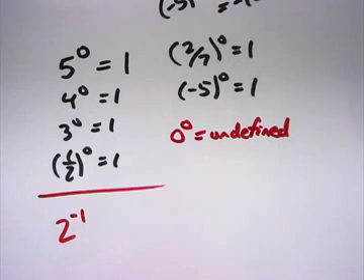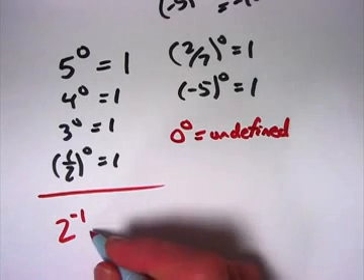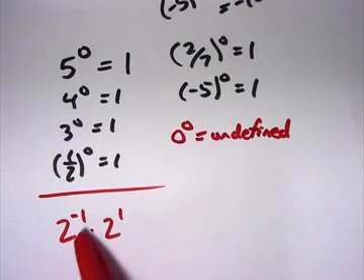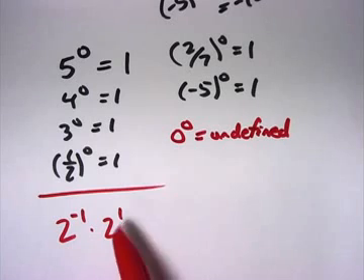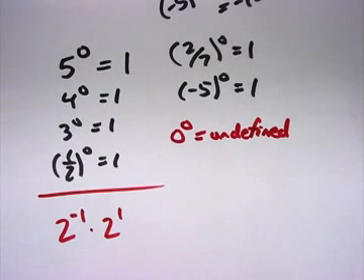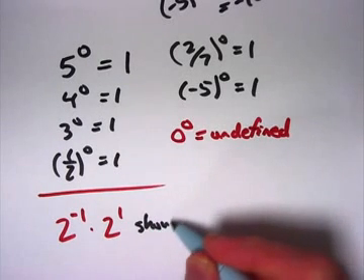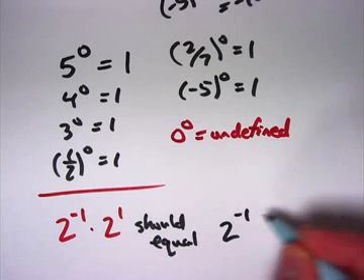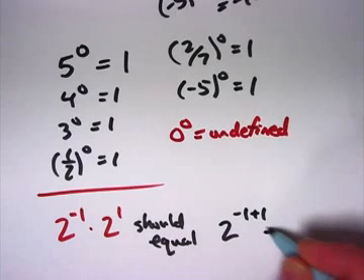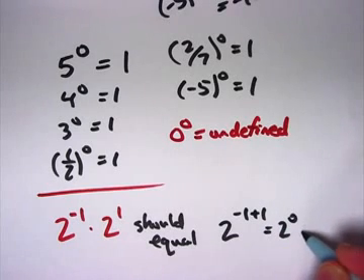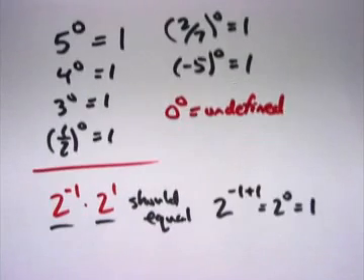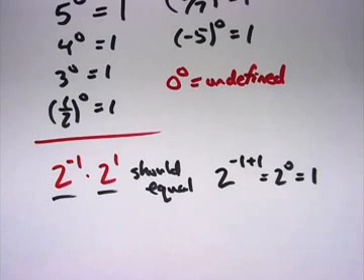If I want the property of exponents that says b to the m times b to the n equals b to the m plus n to be true even when the exponents could be negative, then 2 to the -1 times 2 to the 1 should equal what I get when I add the exponents, -1 plus 1, which is 0, 2 to the 0, which is 1. This product should equal 1 if I want the rules of exponents to be consistent.